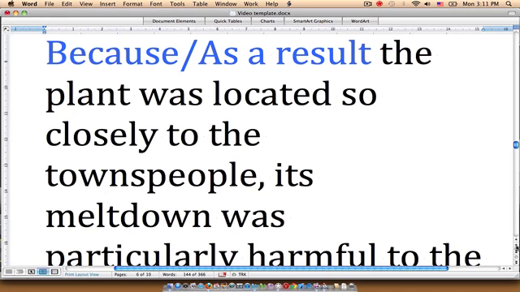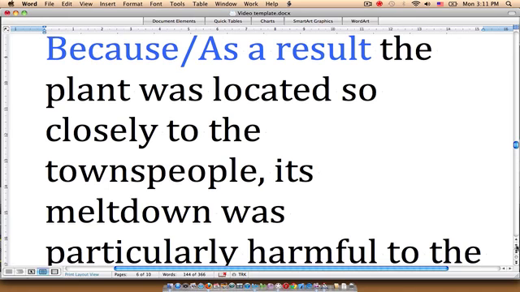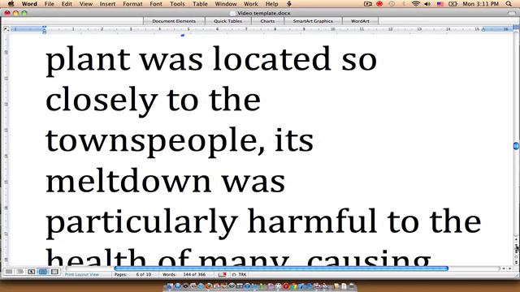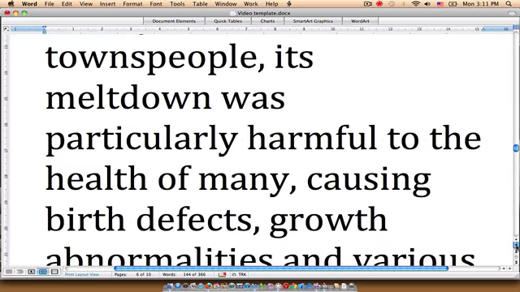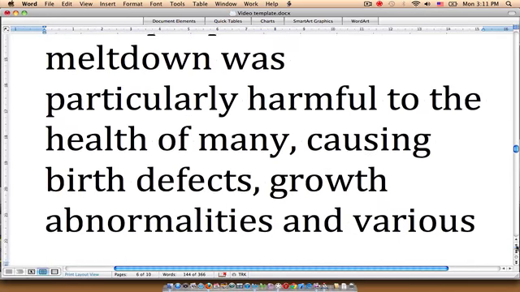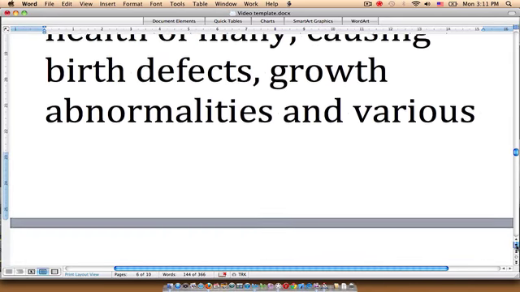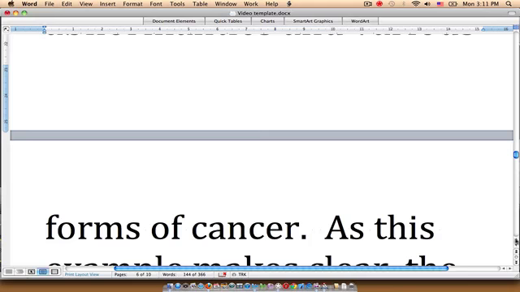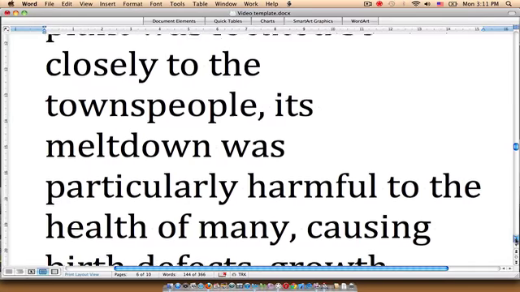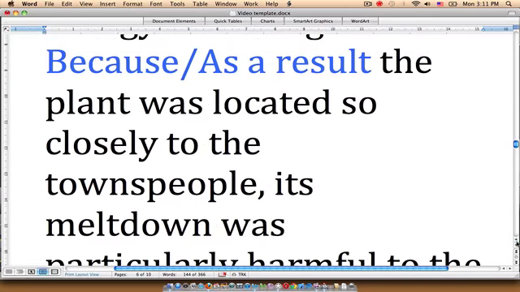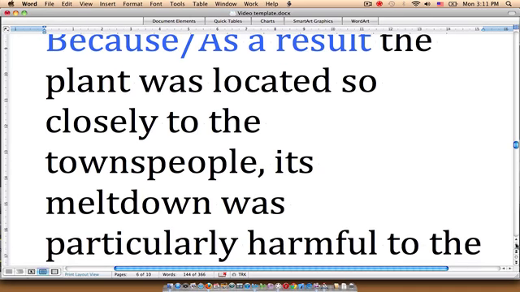Because the plant was located so closely to the townspeople, its meltdown was particularly harmful to the health of many, causing birth defects, growth abnormalities, and various forms of cancer. Or we could say this: As a result, the plant was located so closely to the townspeople, its meltdown was particularly harmful to the, and then it just goes on.